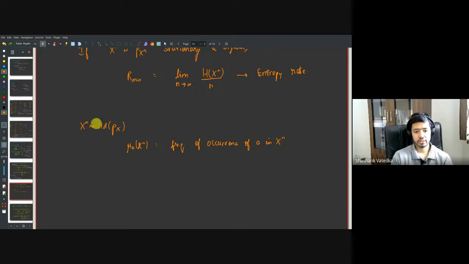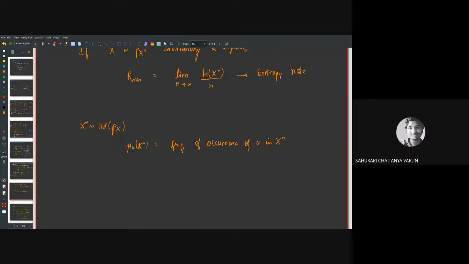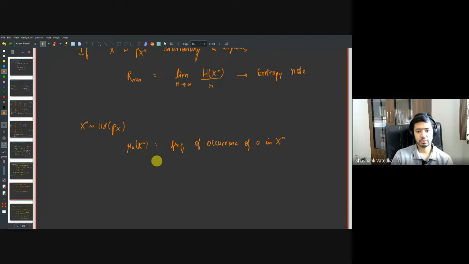If this is an IID sequence, as n tends to infinity, what do you expect this to tend to? So for large n, what do you expect the number of A's to be? If you're tossing a coin n times, and you count the number of heads, for large n, what do you expect the number of heads to be? Px, right? So in this case, you expect this to be close to Px of A if n is sufficiently large. So this is IID.